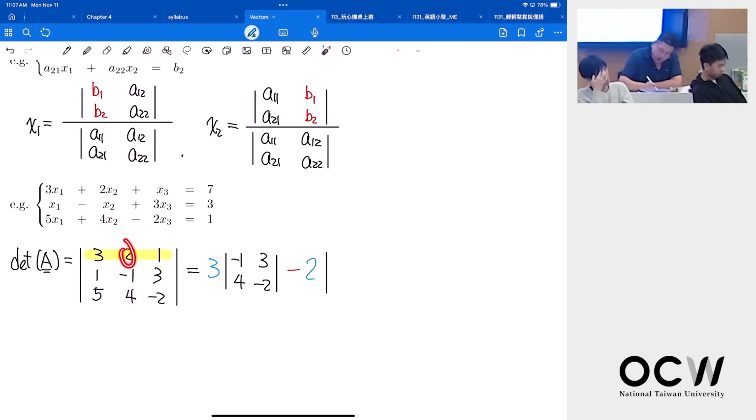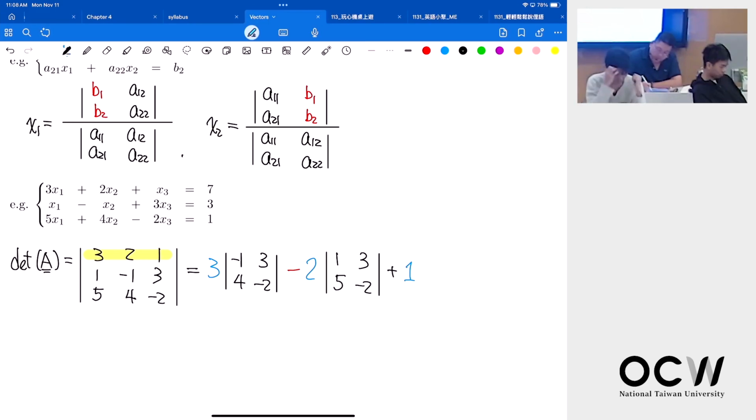Now for 2, cross out the corresponding row and column. I got 1, 5 and 3, minus 2. So 1, 5, 3, minus 2. And then the third one, 1, times 1, 5, minus 1, 4.